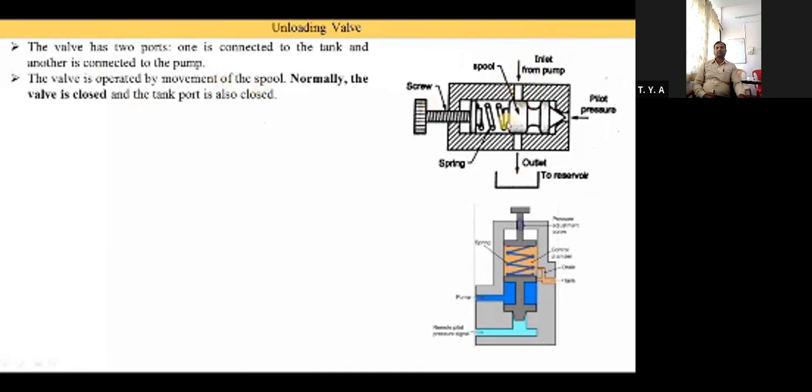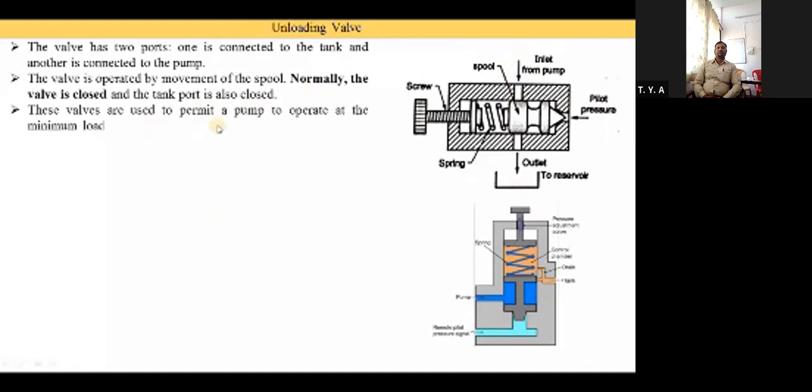Here you see the spool is closing the inlet and outlet, meaning in this position no oil is passed through the unloading valve. Normally the valve is closed and the tank port is also closed. This diagram indicates the valve is closed. When the valve is in the normal condition, it is in the closed position, meaning oil is not supplied to the tank.